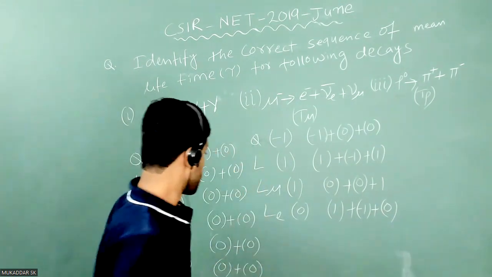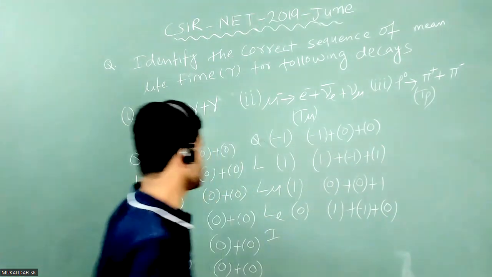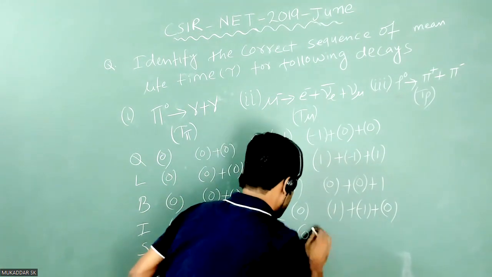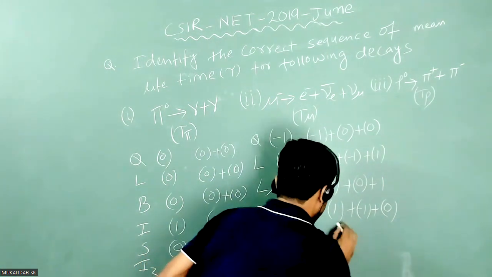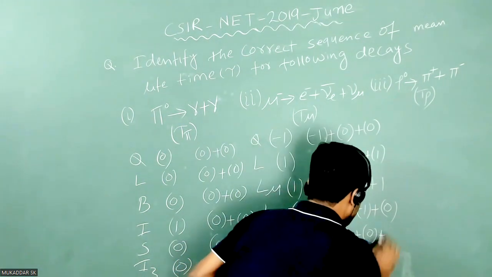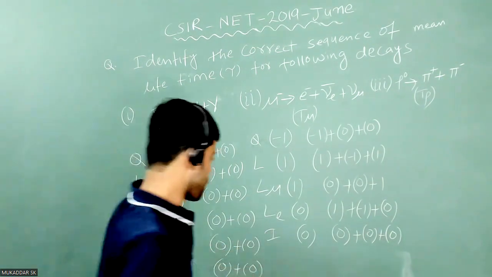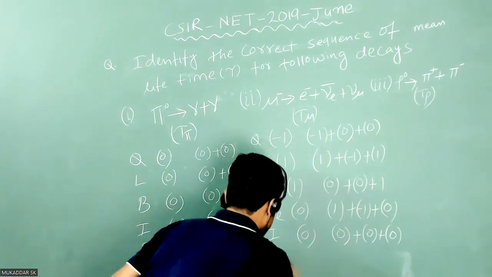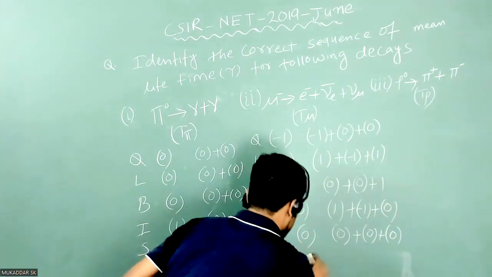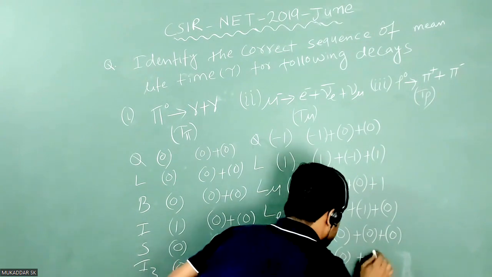Now we'll check isospin. For mu minus, this number is 0. For e minus, this number will be 0. For nu e bar, this number will be 0. For nu mu, this number again will be 0. So it means I is conserved. S will also be conserved because none of them are strange particles. So this is 0 for all particles.